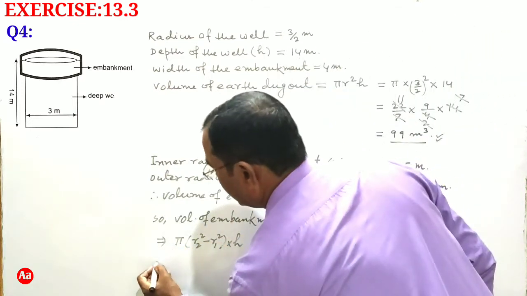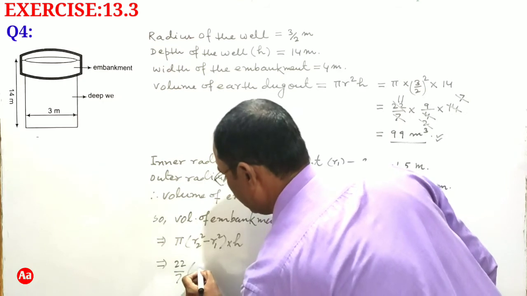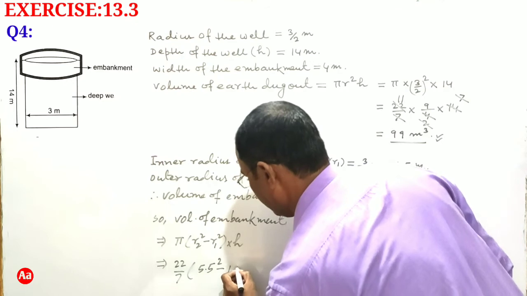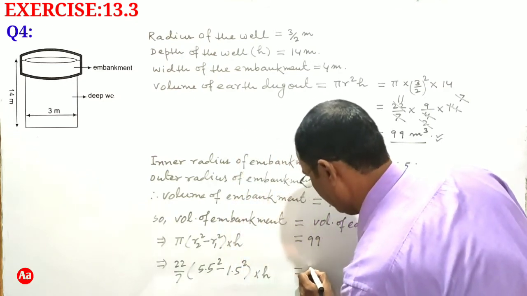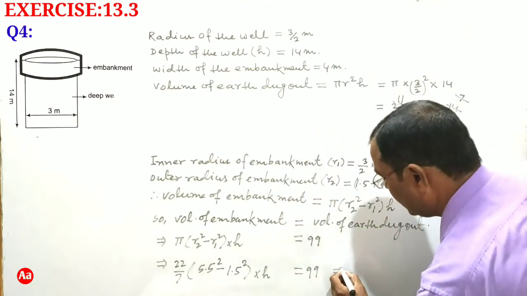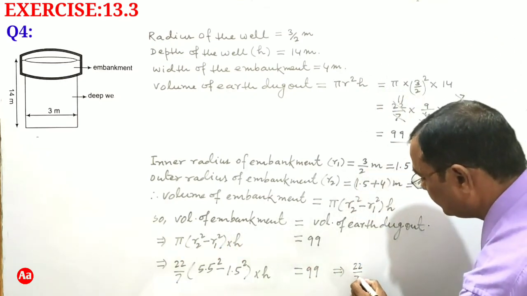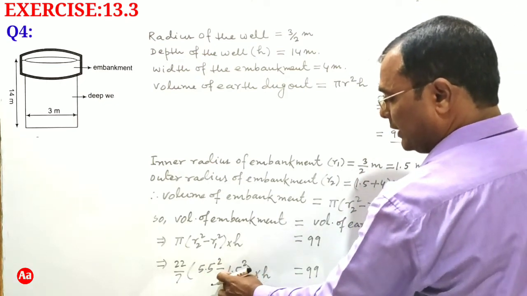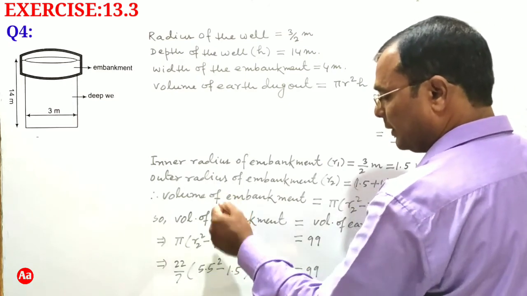Now let's put value of pi as 22 by 7 into 5.5 square minus 1.5 square into H equal to 99. So this implies, further we are writing this side, 22 by 7 into, let's here apply the a square minus b square formula, that will be equal to a plus b into a minus b.